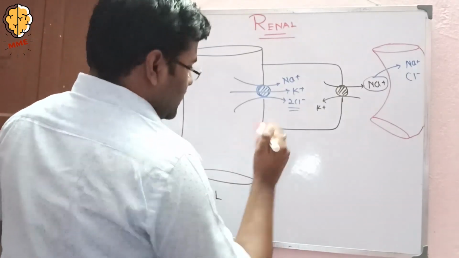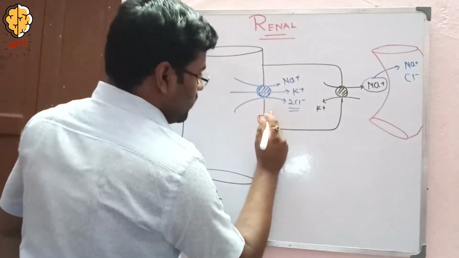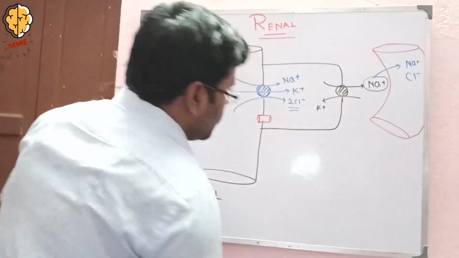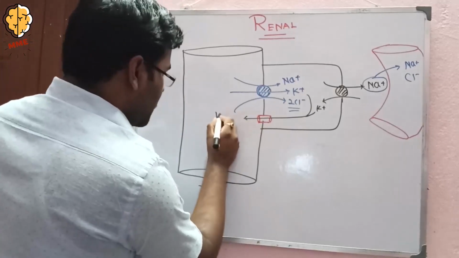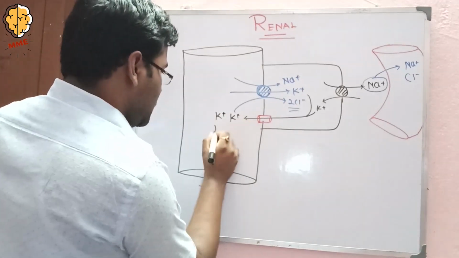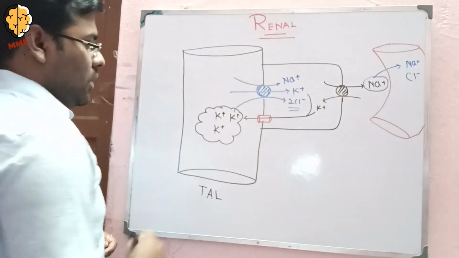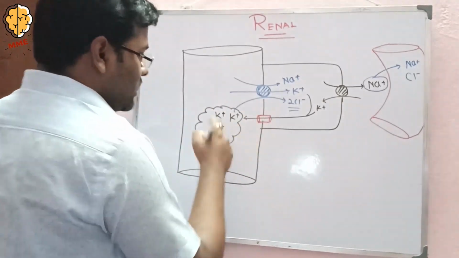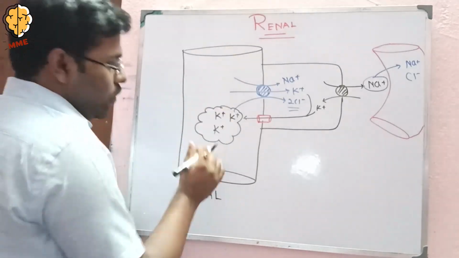There is another channel present there, and the potassium goes back into the lumen of the loop of Henle, and the positive charge is accumulated in the lumen.